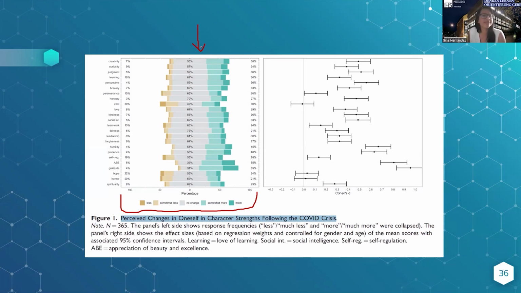Most papers won't tell you the frequencies, like how many were reporting no change, which we have here in gray. This is no change. This is some change. And this is like less, like you have less of the character strength that they are assessing than before COVID. In this case, for example, spirituality. So here you can see it with descriptive statistics, and I love it. And this is one of the reasons why I gave you this paper in the first place. So this is a strength of this paper.